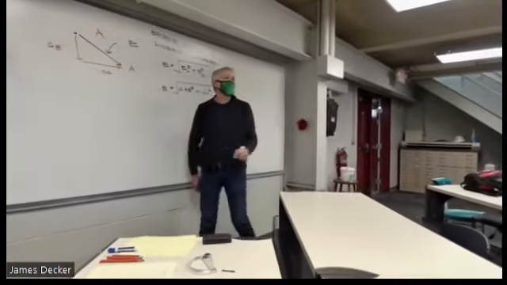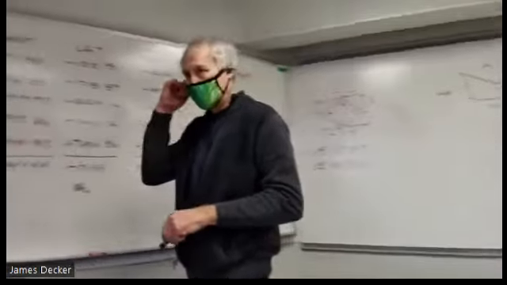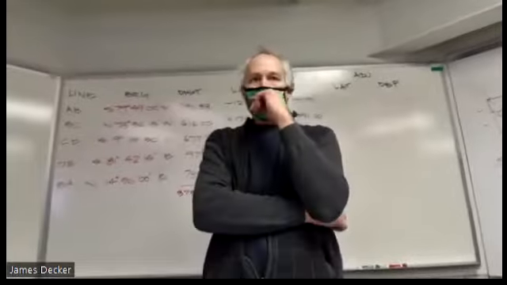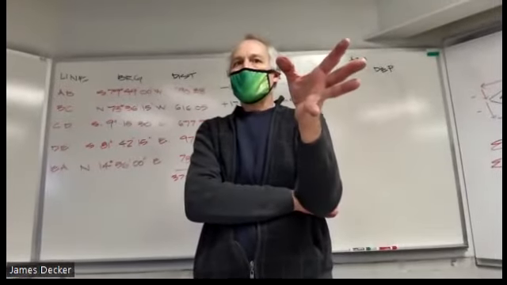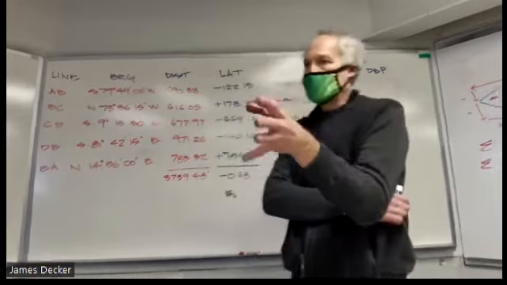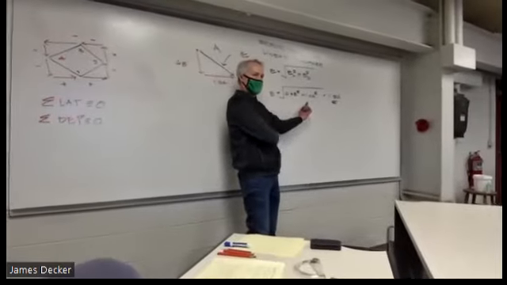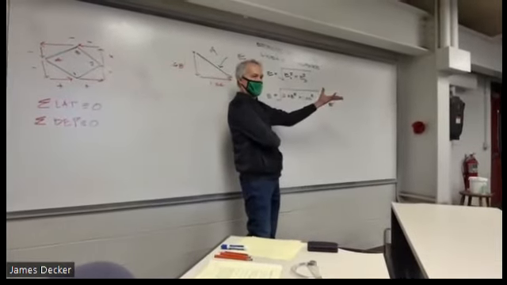Either one is acceptable. I probably use error of closure more than linear misclosure. And E is always going to be positive. Is that true? Yes, it's always a positive number, because when you square these, if they're negative, they come out in the wash.